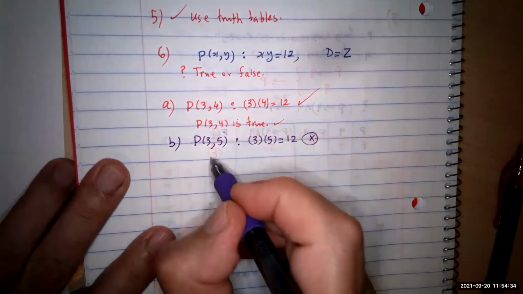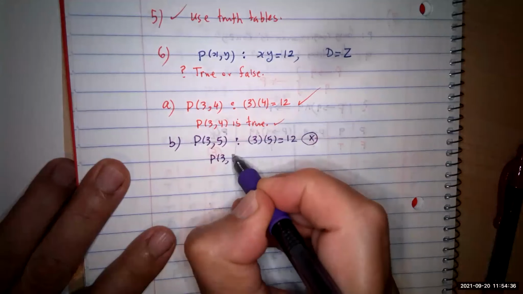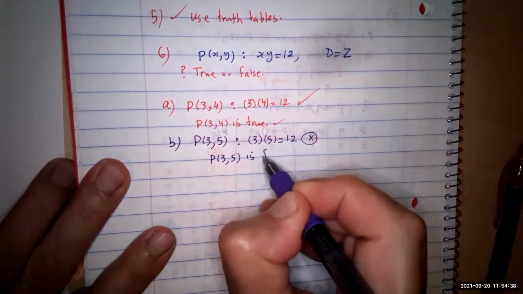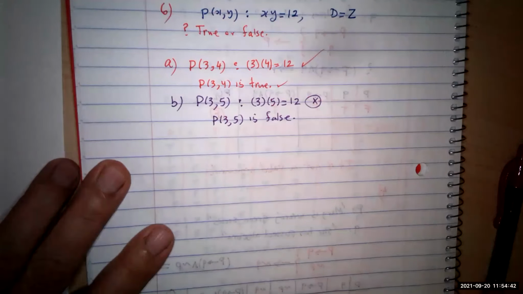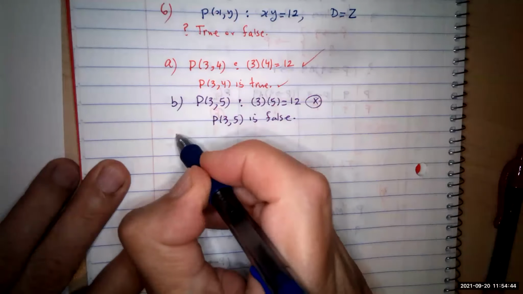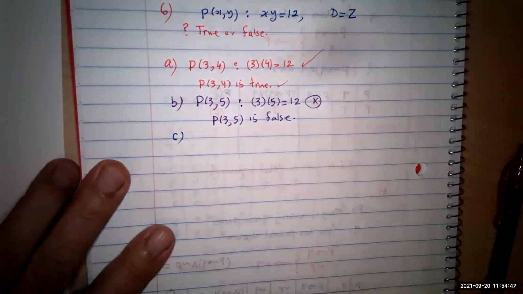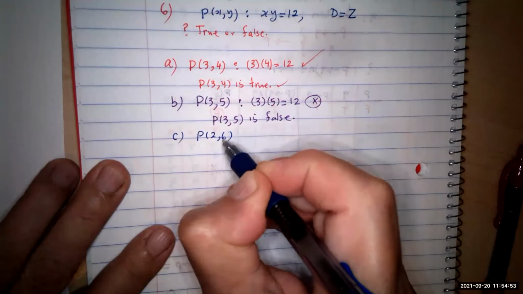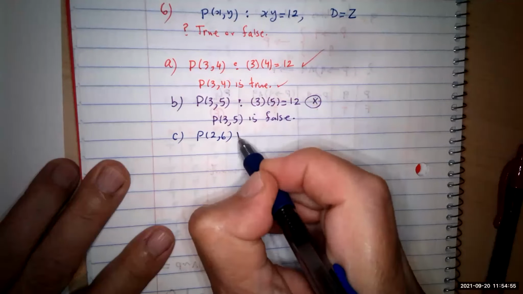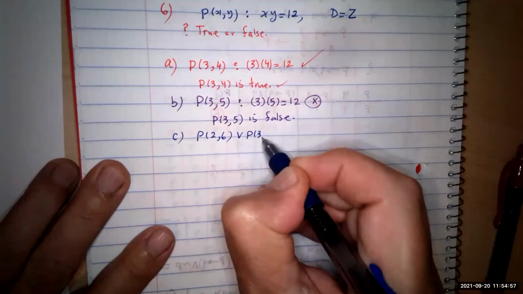So P of 3 and 5 is going to be false. That's part B. Any question? Going to part C. Part C is interesting. Part C, P of 2 comma 6 or P of 3 comma 7.